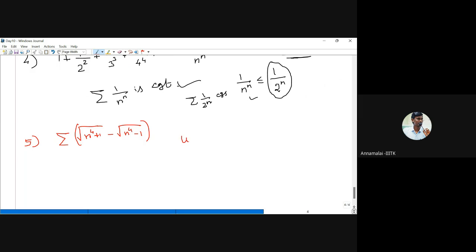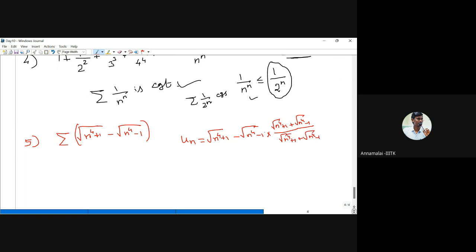Therefore Un is nothing but square root of n power 4 plus 1 minus square root of n power 4 minus 1. To cancel the n's in the numerator, we have to rationalize, so we multiply and divide by the same number, that is, square root of n power 4 plus 1 plus square root of n power 4 minus 1.